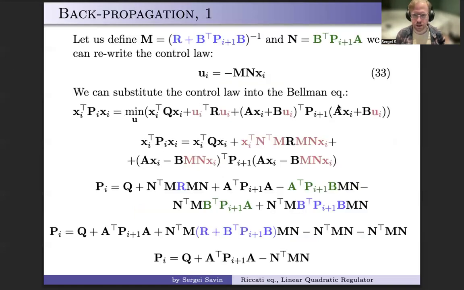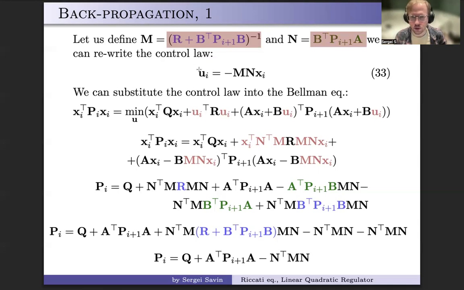All right. Now, last step, I will just quickly go through it. I understand that this doesn't look pretty. The point is, it's not complicated. That's why I'm giving it to you. So we can define two variables, m and n, to simplify a little bit.